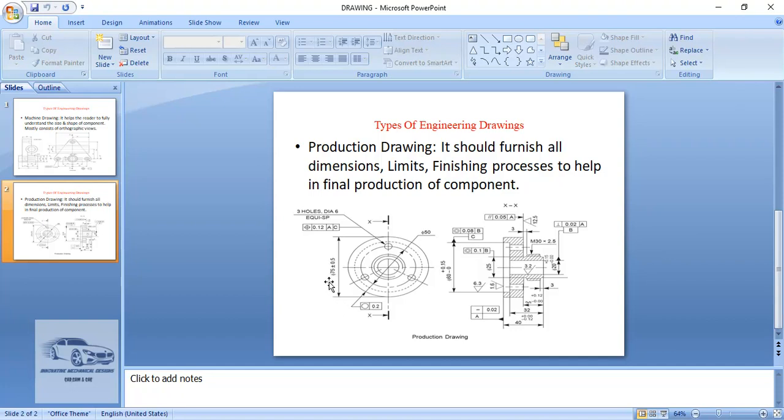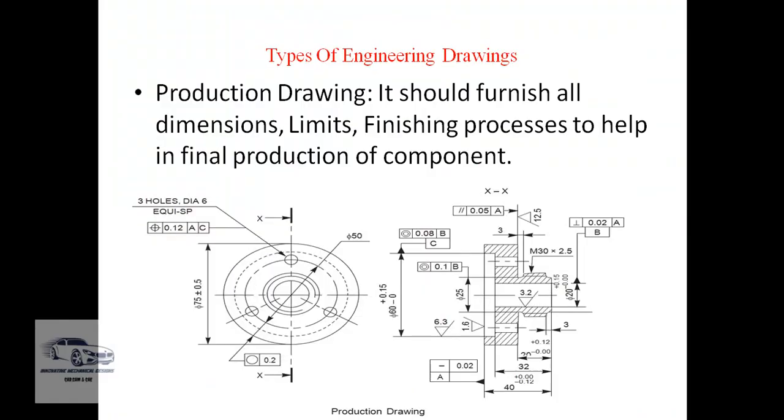Here the dimension is mentioned as 75 plus minus 0.5. Here 75 is the base dimension and 0.5 is the allowable deviation or the dimension tolerance prescribed at the time of manufacturing.